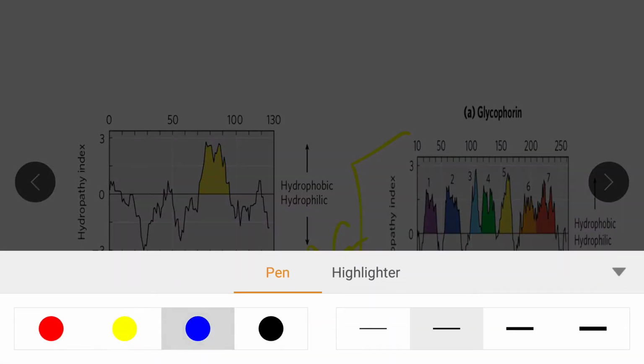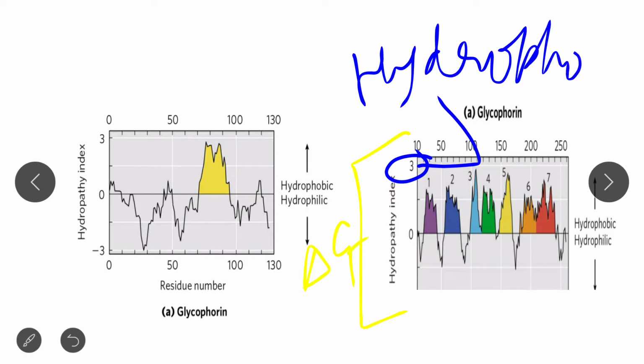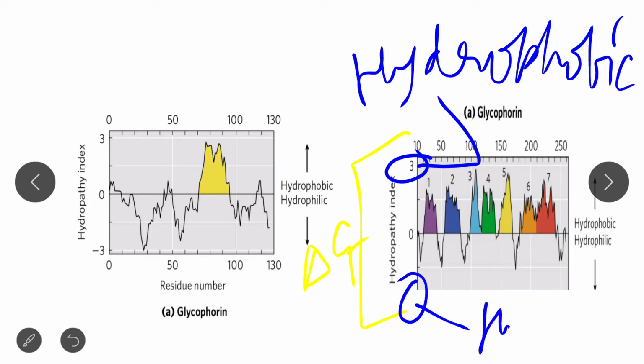And from this figure you can easily identify that this is a positive del G, which means this is the hydrophobic part. And from this you can see this is negative, which means this is the hydrophilic part. And the distance is a minimum of 30 amino acids here also.